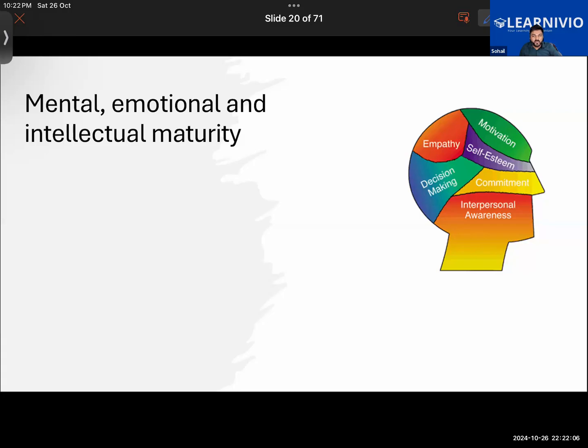Now talking about emotional maturity. Emotional maturity basically means the ability of a person to manage their emotions, to recognize and feel their emotions, to express their emotions, or to respond to a stressful situation in an appropriate manner, right?